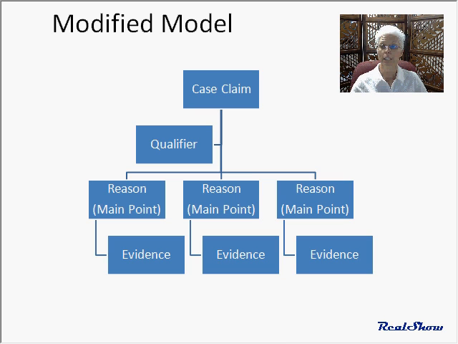So when you're examining Devastating Beauty and you've discovered the reasons that Teal Pfeiffer gives for her case claim, you have to ask yourself, does that belong in this argument? Is that relevant? All right, and then we do the same thing for the evidence. Is the evidence good? Come from a reliable place, lacking bias, and is it relevant? Does it have anything to do with the reason that it's supporting?